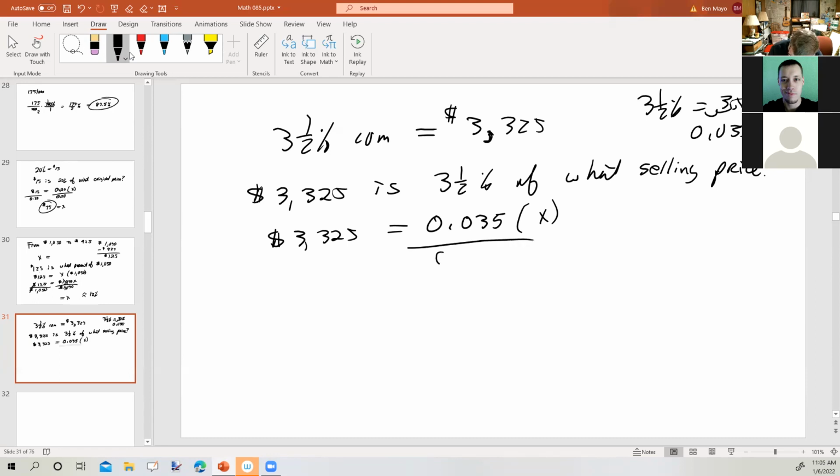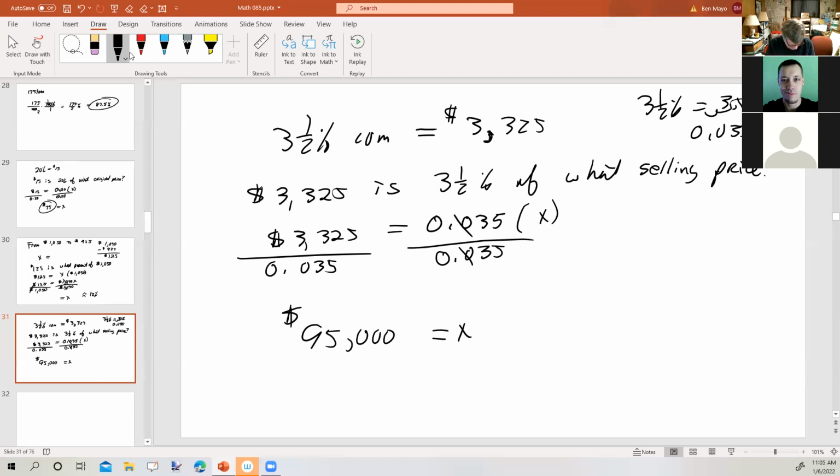So we'll divide both sides by 0.035. And let's see here. 3,325 divided by 0.035, and I get 95,000. So the selling price, $95,000. Boy, today's housing prices, you'd probably just get an outhouse for that price.